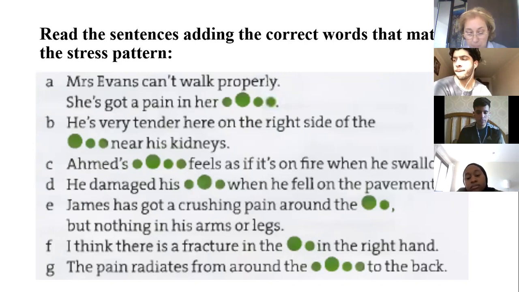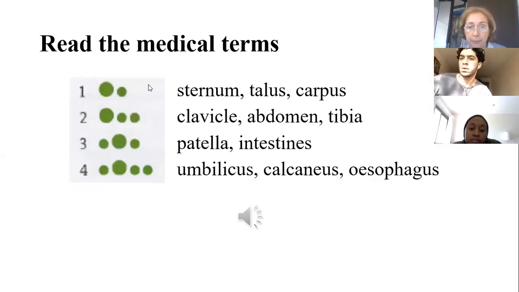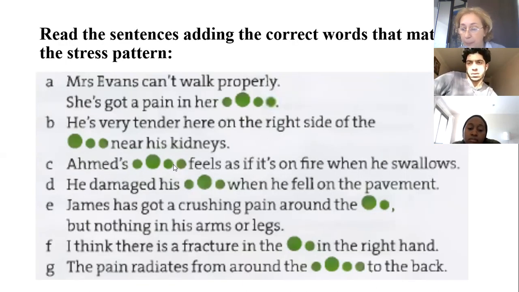In the right hand. The wrist. Wrist, if it is a medical term. Yes. What is the medical term for a wrist? Carpus. Carpus. Okay.